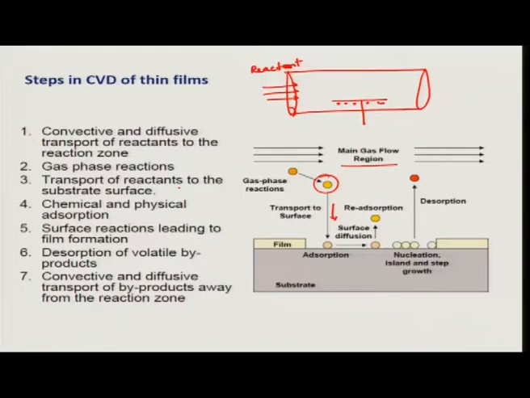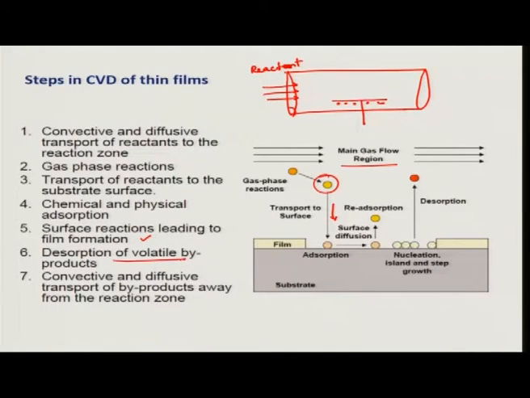Transport of reactants to the substrate surface is through diffusion. Then chemical and physical absorption: these atoms or molecules from the gas phase will be either chemically or physically absorbed onto the surface. They will undergo reactions, and if the temperature of the substrate is correct for the reaction, they will react together, leaving a solid film behind.